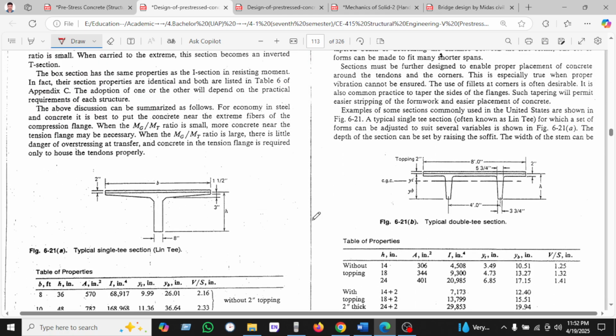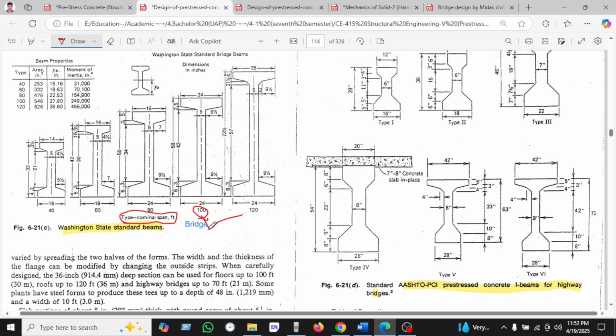Okay, so we can see here the Washington State standard beam. We see the type and nominal span. If the bridge girder span is 40 feet, we use this dimension.